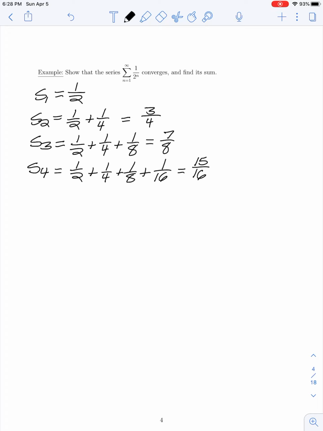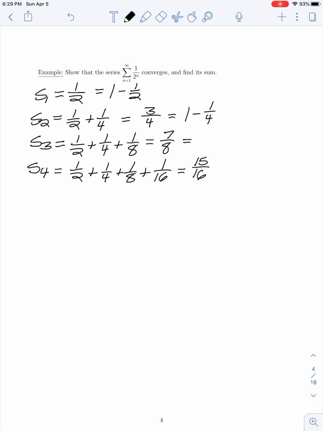So the pattern we can start to see emerging here is maybe a little more easily described if we rewrite the form of these partial sums. So for S1, which was 1/2, we could think about this as 1 minus 1/2. For S2, we had 3/4, which we could think about as 1 minus 1/4.